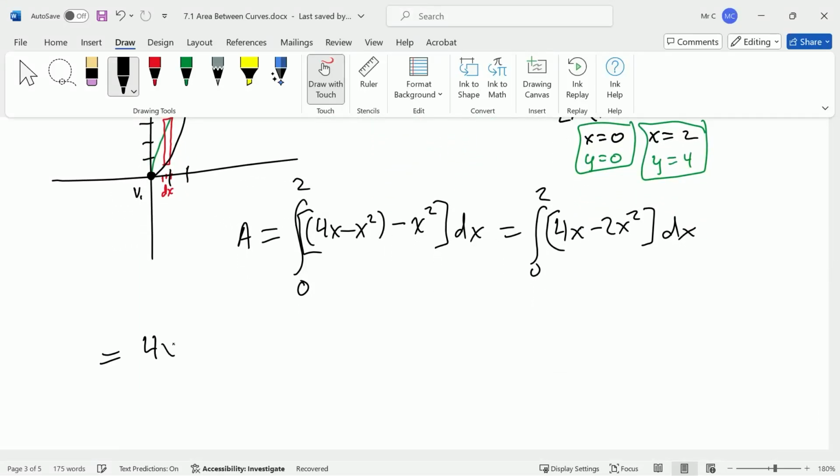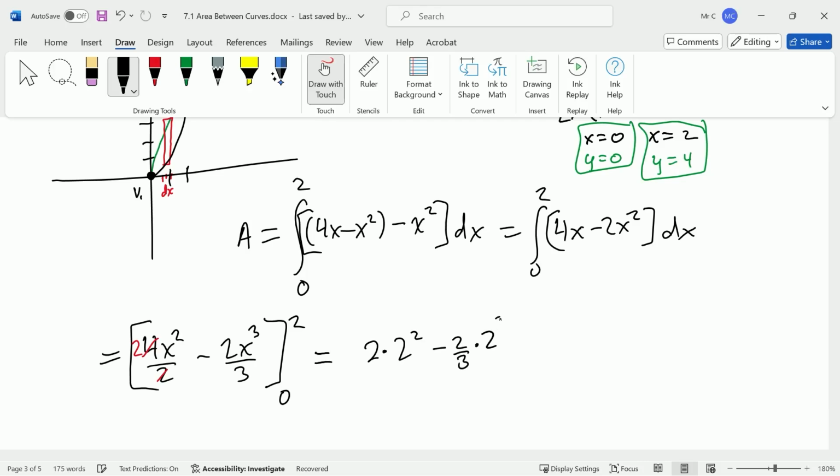And this becomes 4x squared over 2 minus 2x cubed over 3, evaluated from 0 to 2. Of course, the 4 over 2 is just 2. So now when I evaluate my bounds, I get 2 times 2 squared minus 2/3 times 2 cubed minus, and when I plug in 0 to both of these terms, I'm going to get 0.